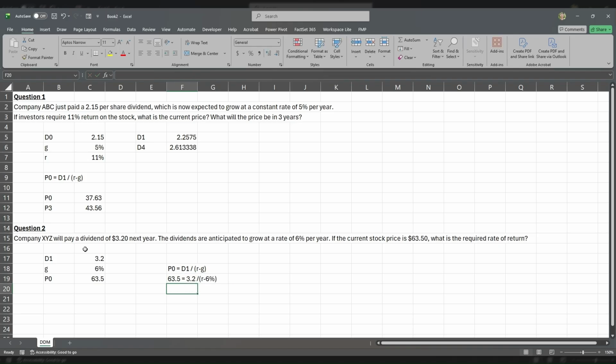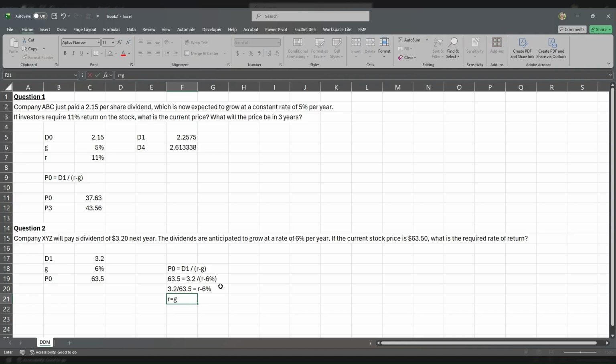All right, so what we can do is just rearrange this formula and basically do 3.2 divided by 63.5 equals R minus 6%.